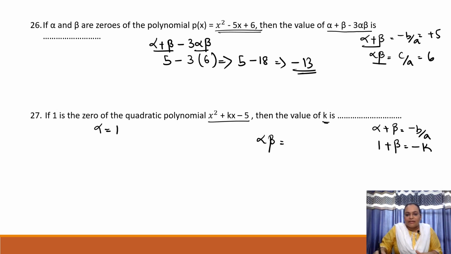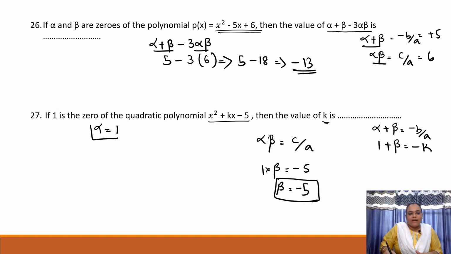Alpha beta is c by a. We know that alpha is 1, right? So, 1 into beta is equal to c, which is minus 5. So, we have got beta value, which is minus 5. So, we have got alpha is 1 and beta is minus 5.